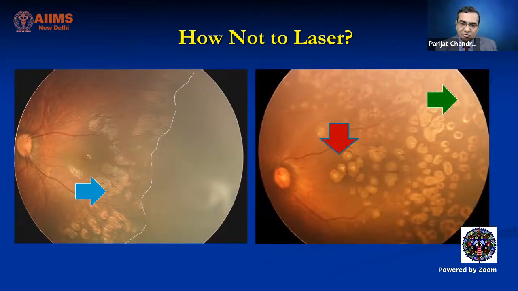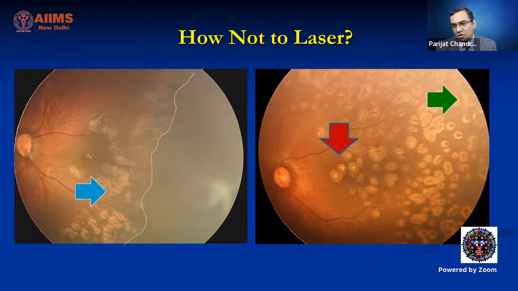This is another case which I like to show because it's a very sad situation. This was a child of a doctor. The green arrow is where the actual ridge is. You can see it's slightly lifted there, and if someone had to do laser, they basically had to do it anterior to this ridge. And as I told you earlier, people like to do PRPs for some reason, and you can see the macula is also lasered in this case, marked by the red arrow.